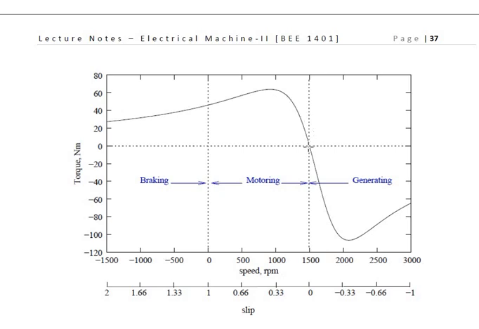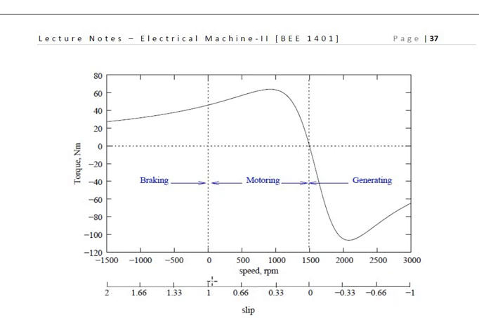And lastly, for the generating action, the torque is negative. So the torque applied to the generator is negative and the speed is positive. And we can see that this is the slip.